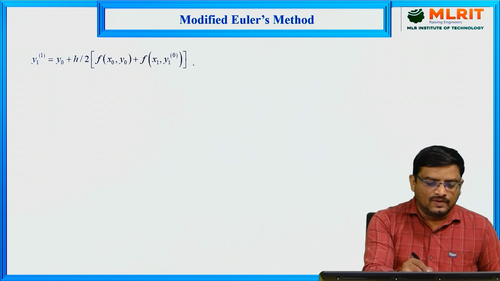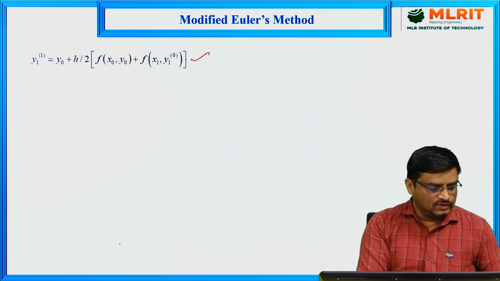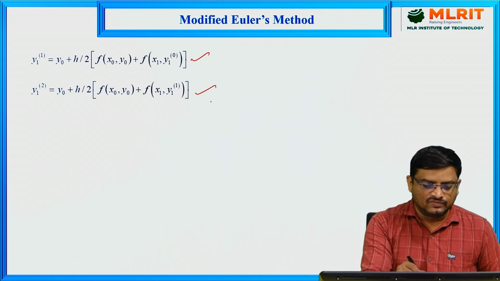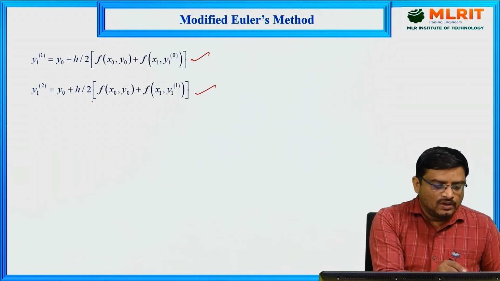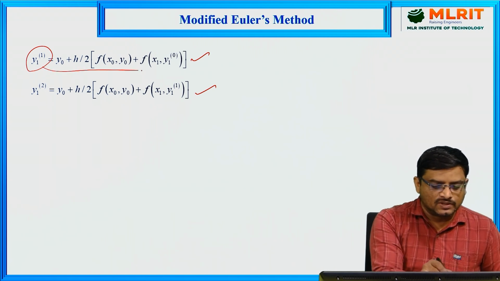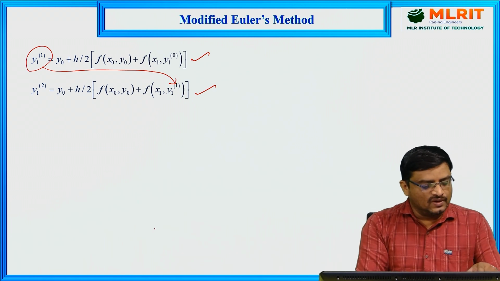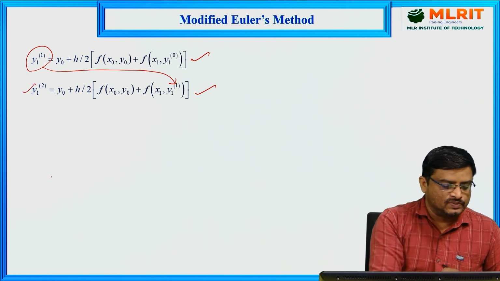So this is the formula you will use to find the first approximation of y1. Similarly, for the second approximation of y1, whatever approximation we get in the previous step, we have to use that in the present approximation. Suppose we are going to find the second approximation of y1.